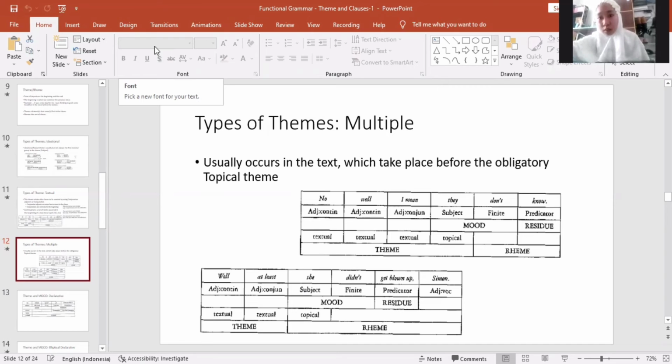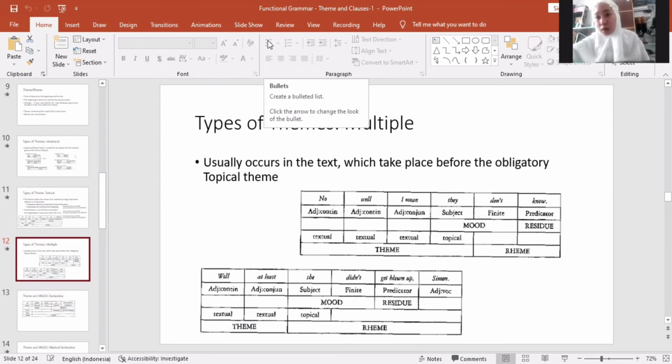Or the next example is: well, at least she didn't get blow up Simon. Well is adjunct of continuative, at least is adjunct of conjunction, she is subject, didn't is finite, get blow up is predicator, and Simon is adjunct.